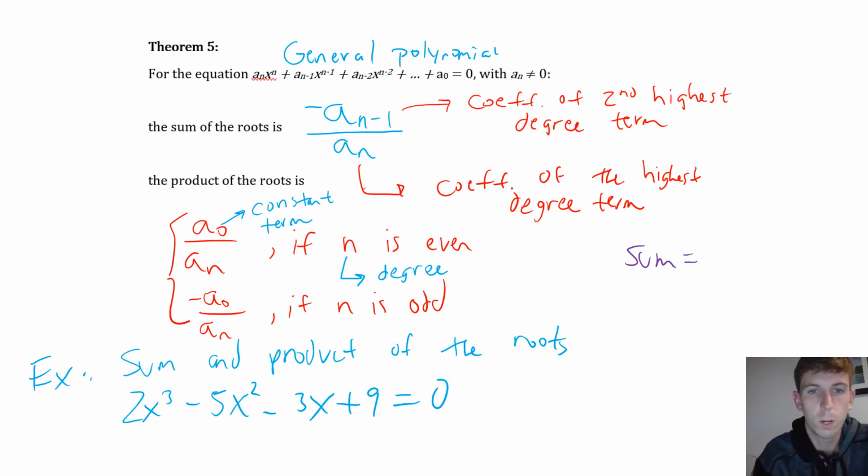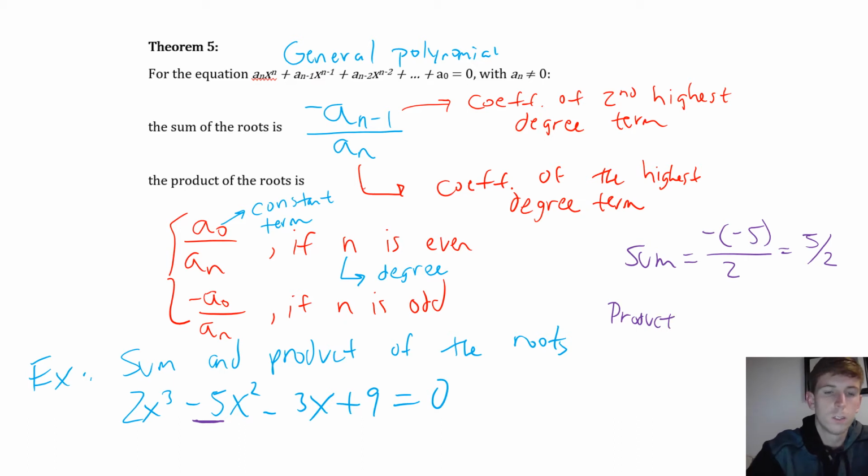The sum is just going to be negative 1 times our second highest degree term, which in this case is negative 5, and then divided by our leading coefficient, so that 2. So that will just be 5/2. The product. Since we have a cubic here, n is odd, so we're going to use this one here. So it's negative 1 times our constant term, which is 9, over our leading coefficient, which is 2.